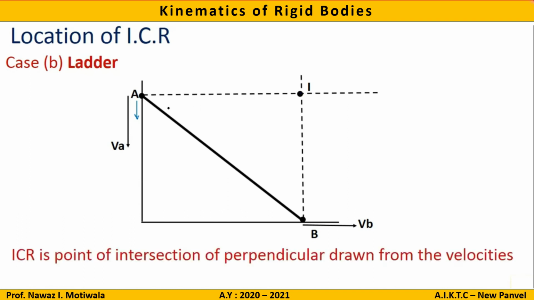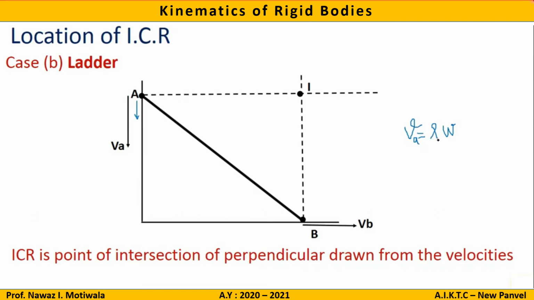Now let us say I want to find out what is the velocity of this point A. We have our concept of it. What will we write? V is equal to R omega. So we have our basic relation, V is equal to R times omega. Now as I want to find out velocity at this point A, this will become VA, and R, we have seen that R is the distance from instantaneous center of rotation to that particular point.